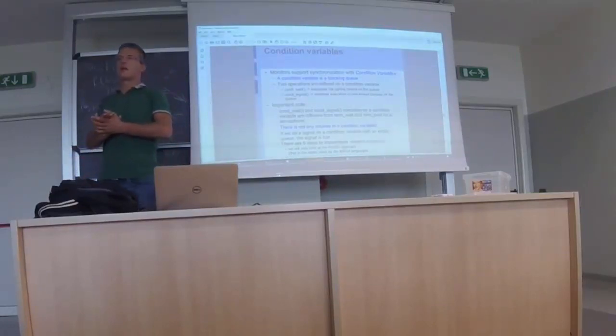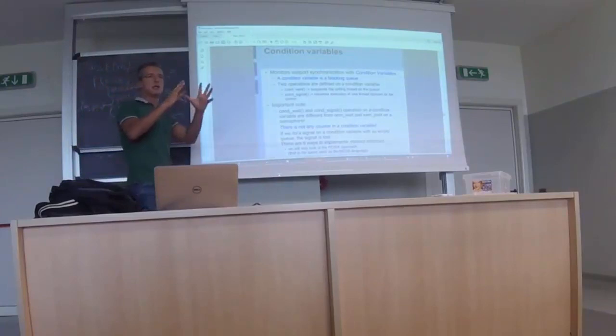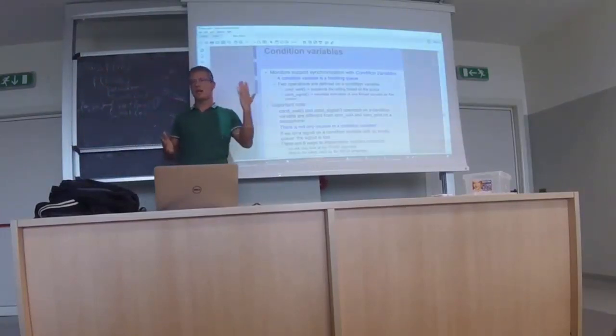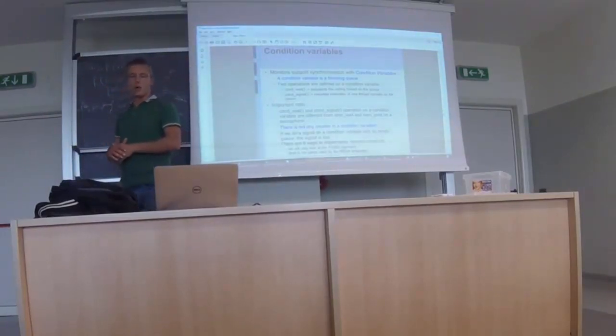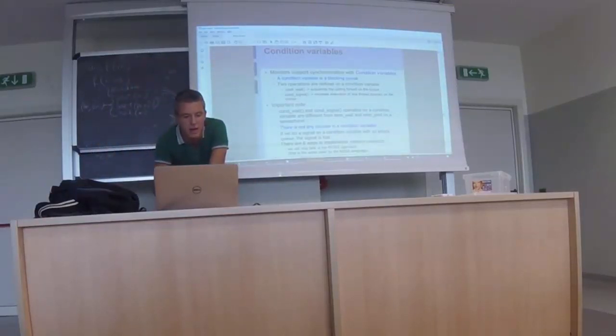What is a condition variable? A condition variable is just a blocking queue. It's a queue of threads that are blocked while waiting on that variable. We again have a wait and signal paradigm, which is only slightly different from the semaphore one.